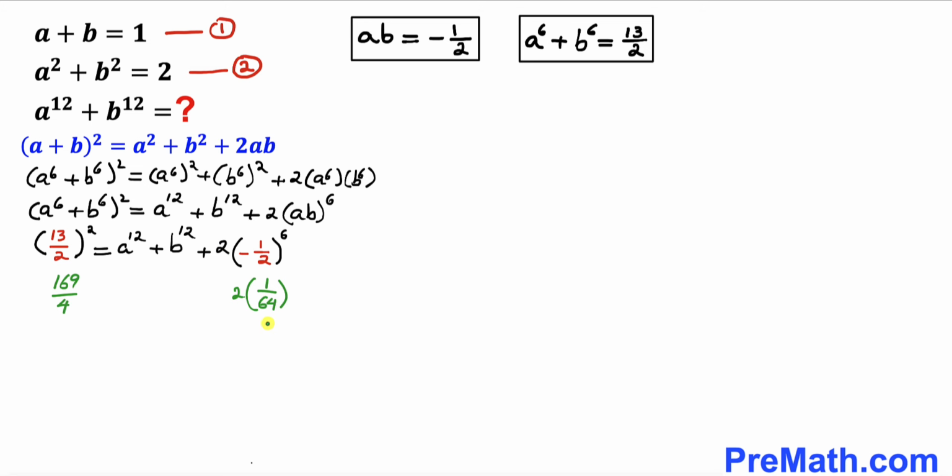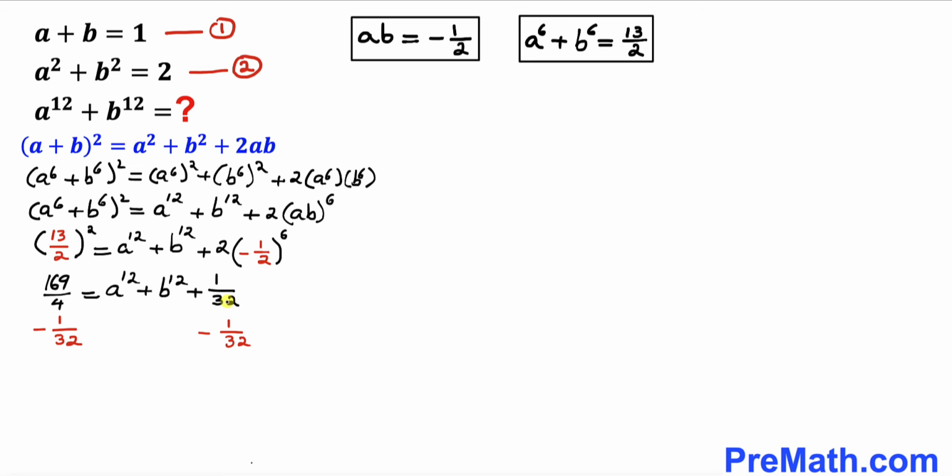Therefore 2 times 1 divided by 64 is same as 1 divided by 32. So therefore the left hand side is 169 divided by 4 equals to a power 12 plus b power 12 plus 1 divided by 32.